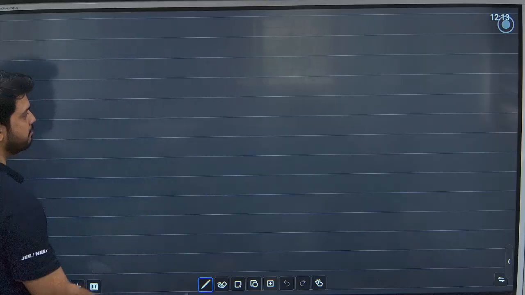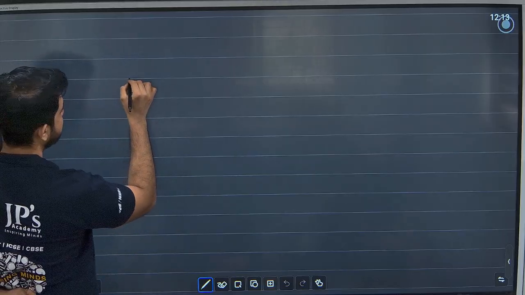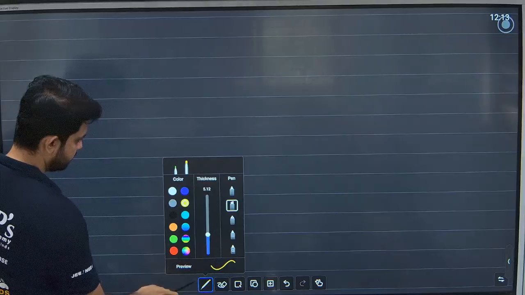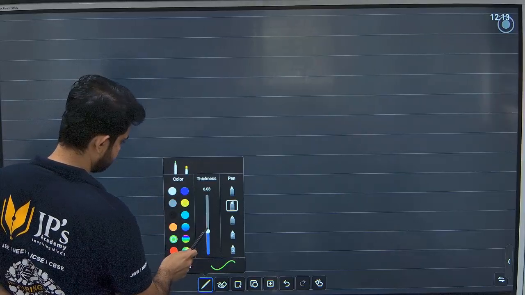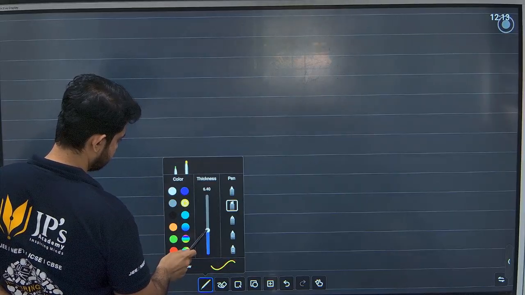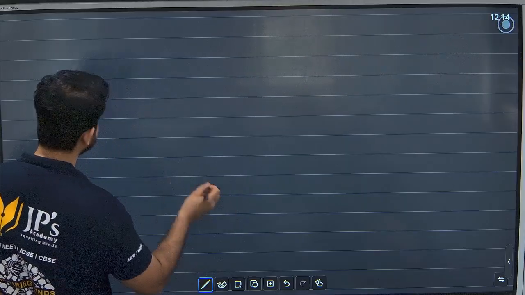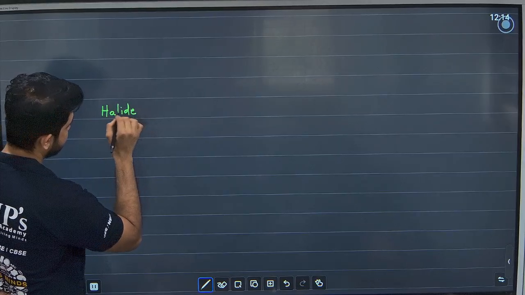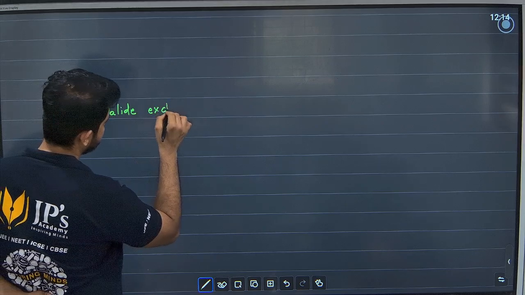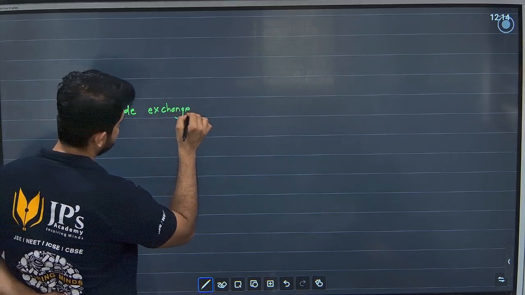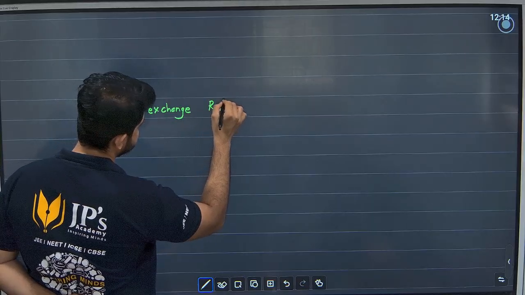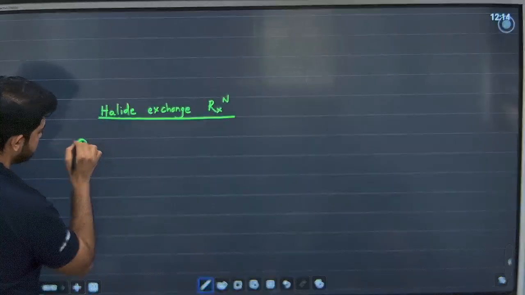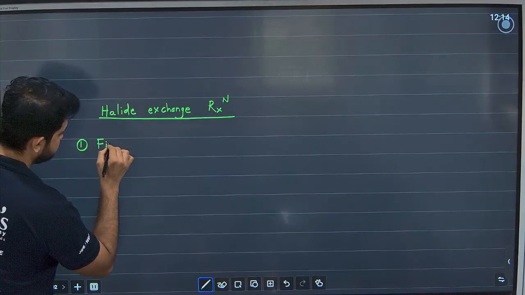The first reaction that we have, people, is halide exchange reaction. चलो. Which is the first halide exchange reaction, people? Finkelstein's reaction.